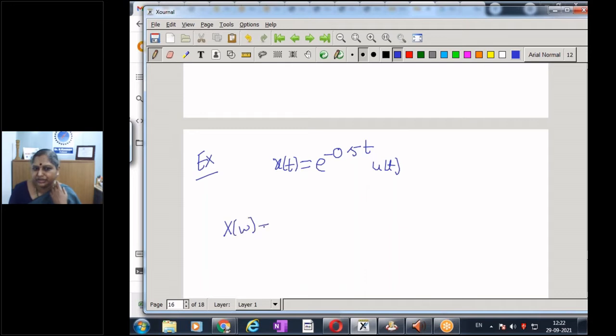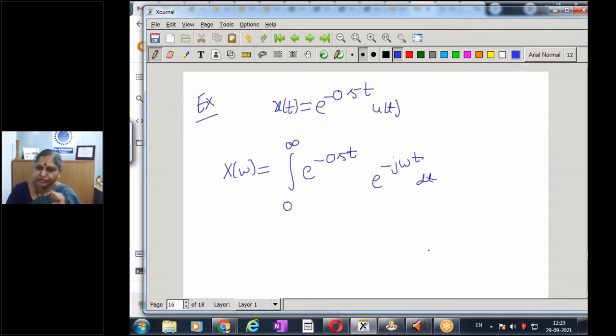So what is x of omega? Because of the presence of u of t, my limits of integration are 0 to infinity of e to the power of minus 0.5t times e to the power of minus j omega t dt. And this is x of omega.